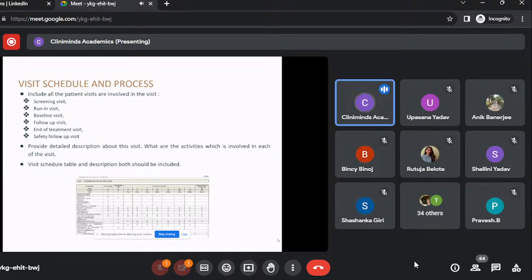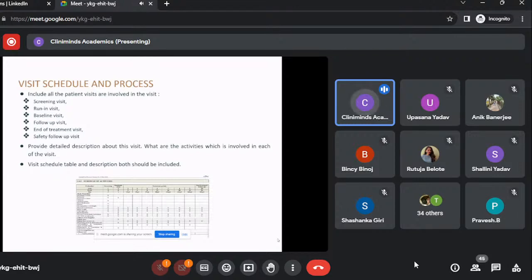What is the duration for conducting each visit? And in each visit activity, what are the procedures that have to be performed? All this information is given in the visit schedule section.